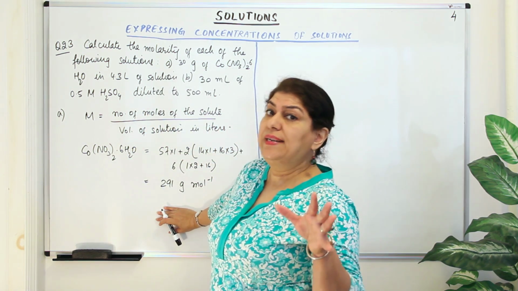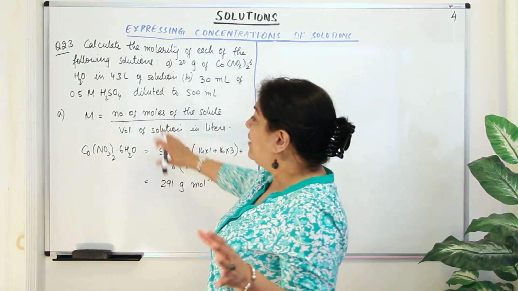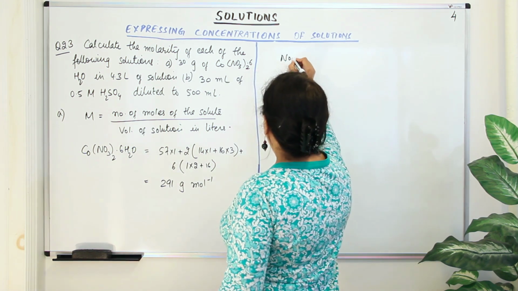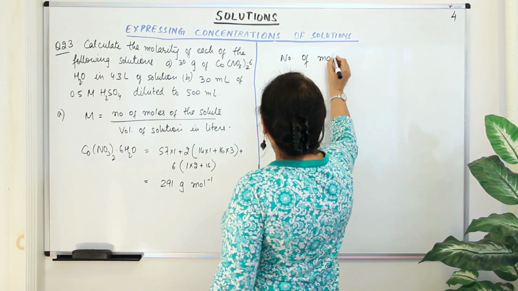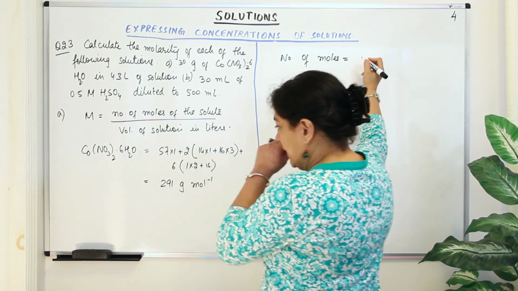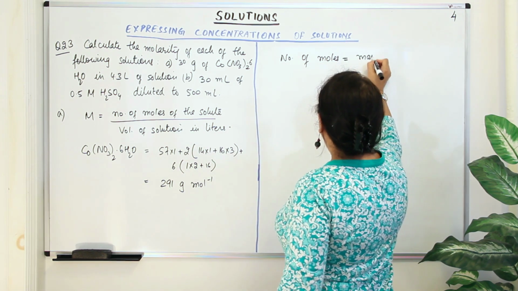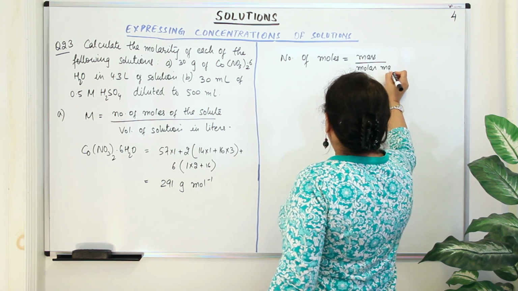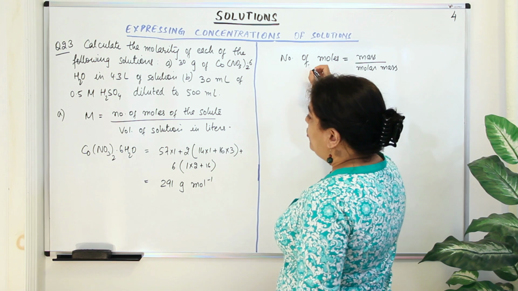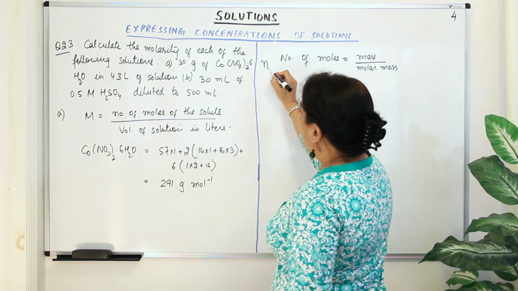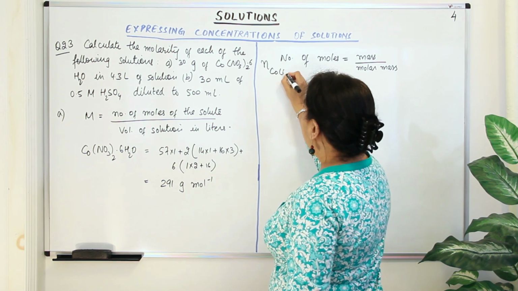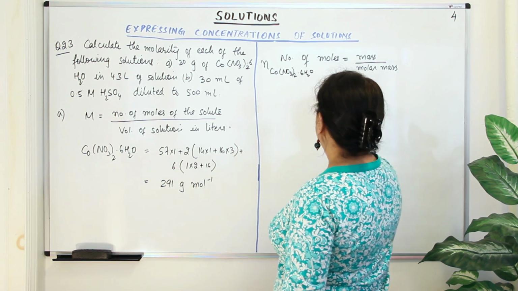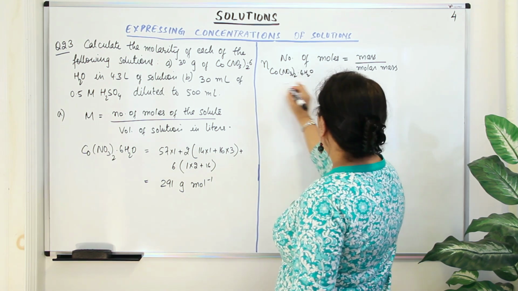Now that you have calculated the molar mass, you have to calculate the number of moles. So how do you calculate the number of moles from this? Number of moles is equal to the given mass upon molar mass. And what are we calculating the number of moles of? We are calculating the number of moles of cobalt nitrate hexahydrate, Co(NO3)2·6H2O.